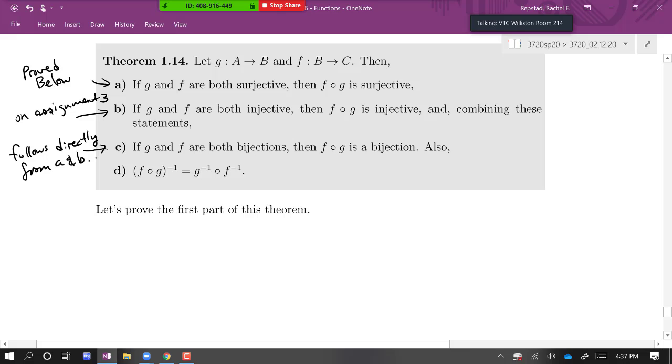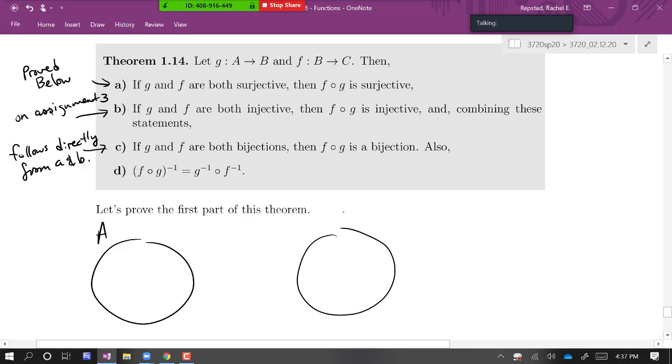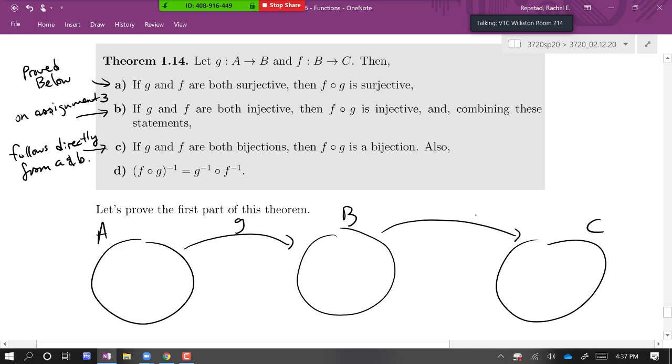So if we have a function g that maps from A to B, I'm just going to sketch this out. So g maps from A to B, and f maps from B to C. We're going to suppose that g and f are both surjective, and we're going to show that their composition, f of g, is surjective.